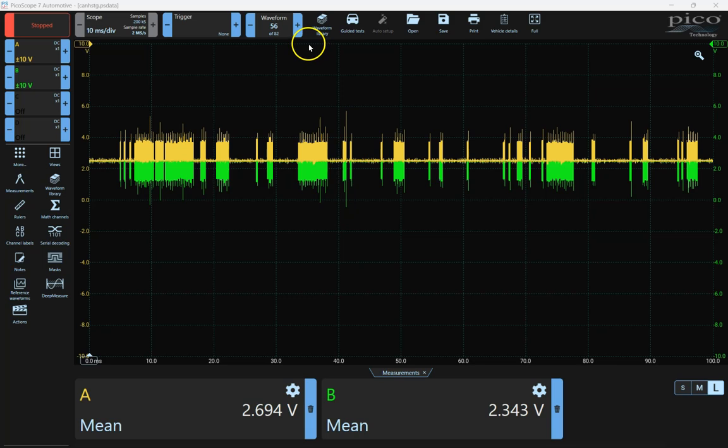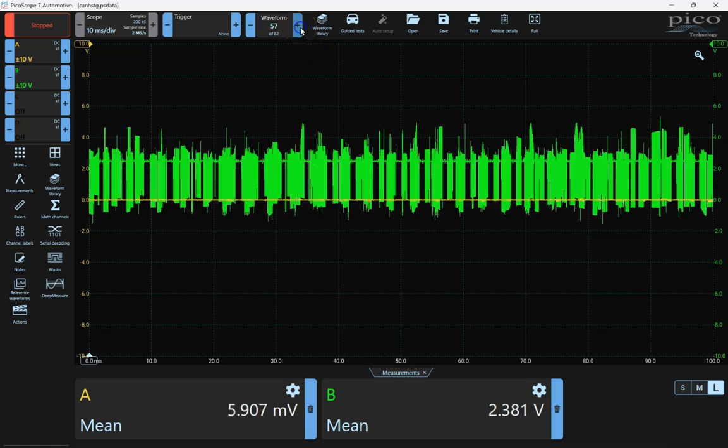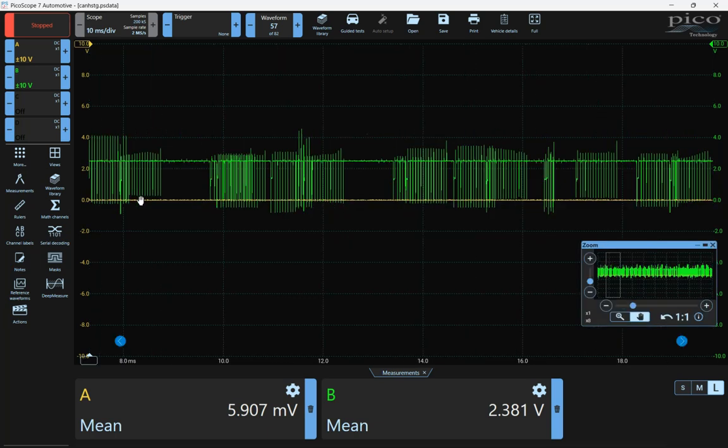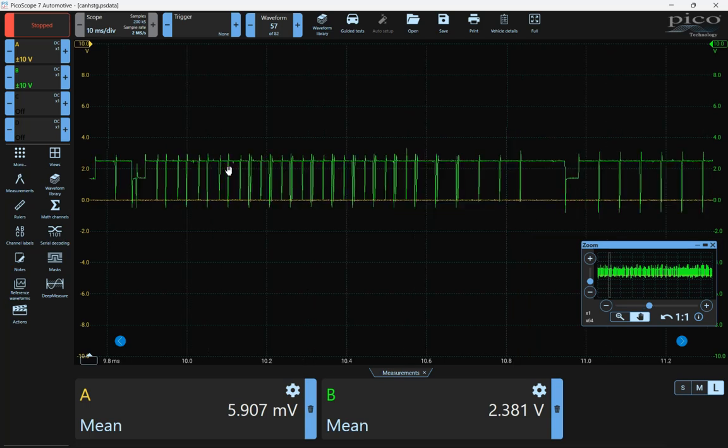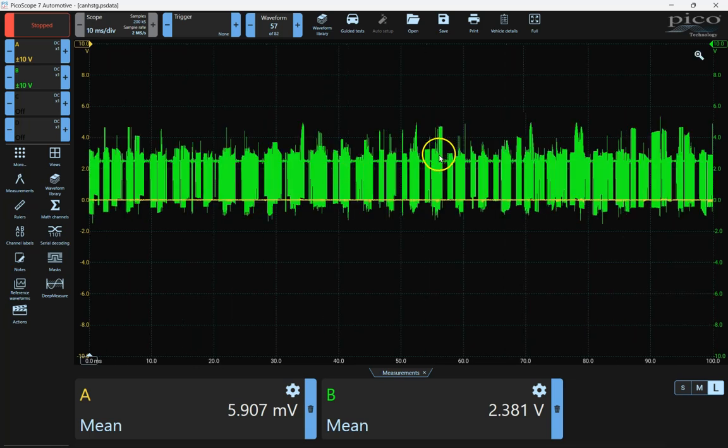Okay, so this is that same machine, active termination. In this case, instead of shorting CAN low to ground, I shorted CAN high to ground. So we can see in this case our yellow trace, our voltage, is down near about 0 volts. This is only 5 thousandths of a volt. Of course, it's shorted to ground. If I look at CAN high, CAN low, we can see some attempts at putting dominant bits on the CAN bus.